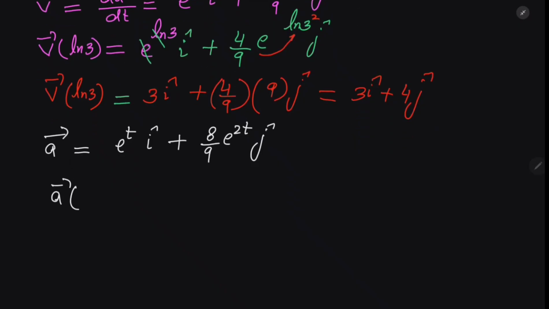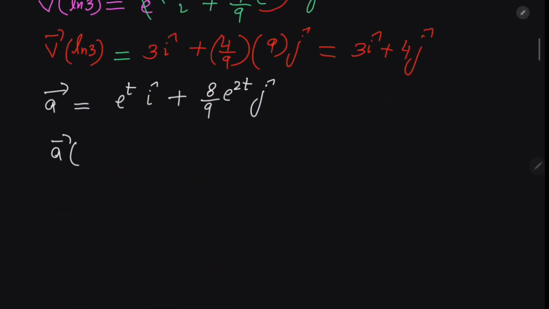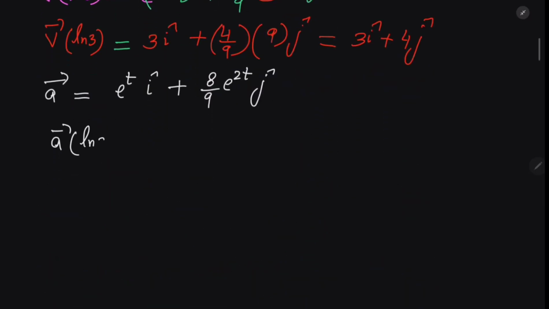Acceleration at natural log of 3, the t is given over here, e raised to power natural log of 3 i plus 8 over 9 e raised to power 2 natural log of 3 j.